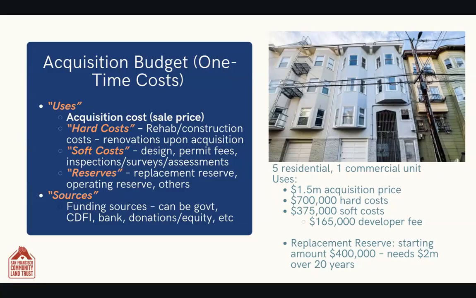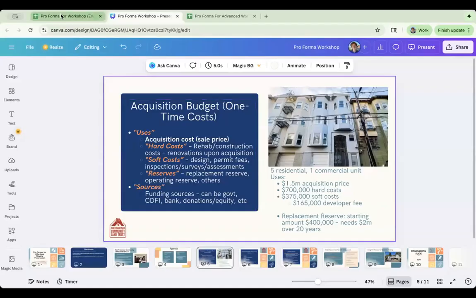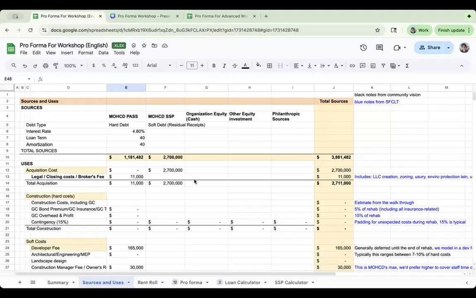A lot of our projects are soft debt from the city. You could have CDFI or bank loans. Those are going to be hard debt that you do need to pay back. You can have donations, equity, grants, et cetera. There's always more.